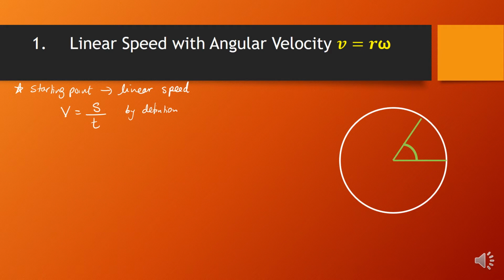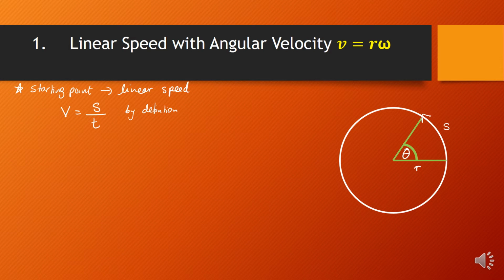Now we need to relate linear speed to angular velocity and to motion in a circular path. If we look at the diagram on the right here and recall from the video on circular motion that the angle theta swept out can be related to the radius of the circular path and the linear distance around the arc of the circle, s.